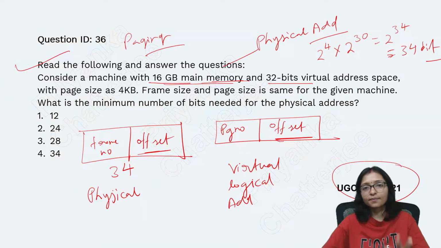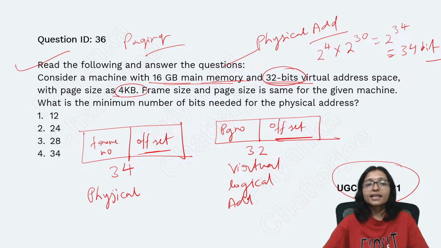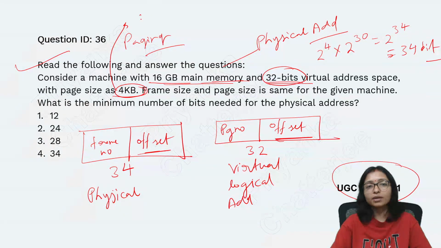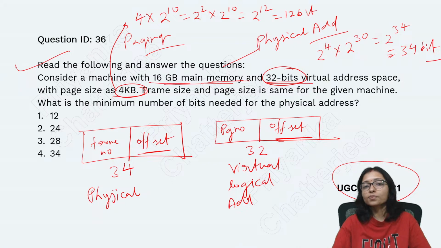It is already given as a 32 bit virtual address. Page size tells you the offset: 4 KB means 4 multiplied by 2 to the power 10, which is 2 to the power 2 multiplied by 2 to the power 10, that is 2 to the power 12, so 12 bits is the offset.